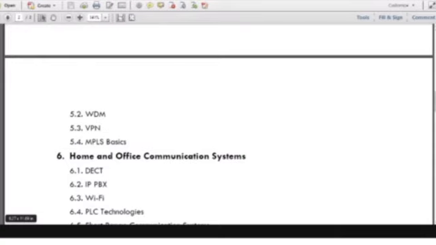MPLS will be discussed. Multi-protocol label switching is essential. As the name suggests, this is about supporting multiple protocols, basically by operators and service providers, and then we are going to discuss its position in the OSI.